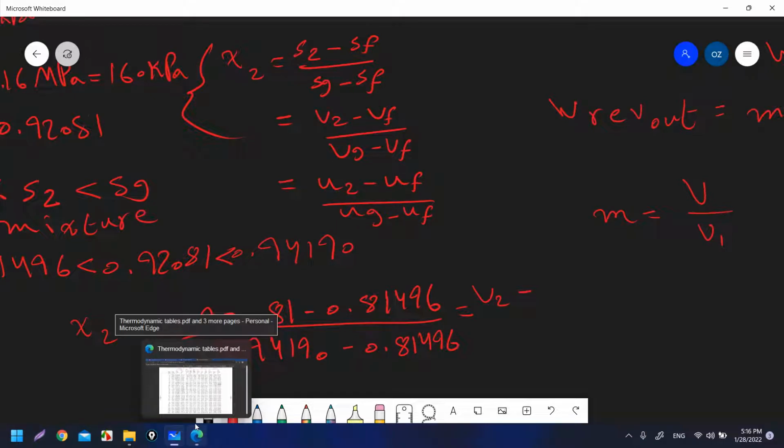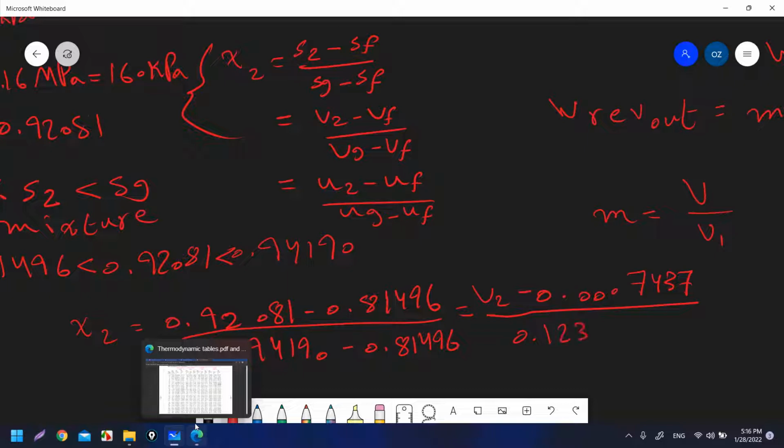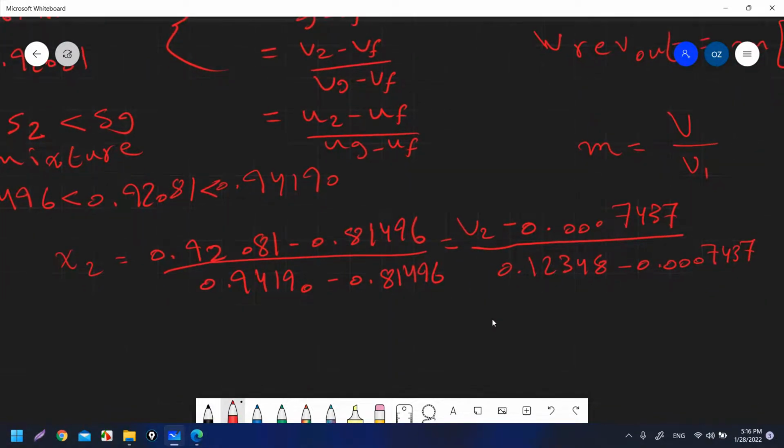So V2 minus 0.000747 over 0.12348 minus 0.000747, and for the internal energy, U2 minus 31.09 over 221.35 minus 31.09.